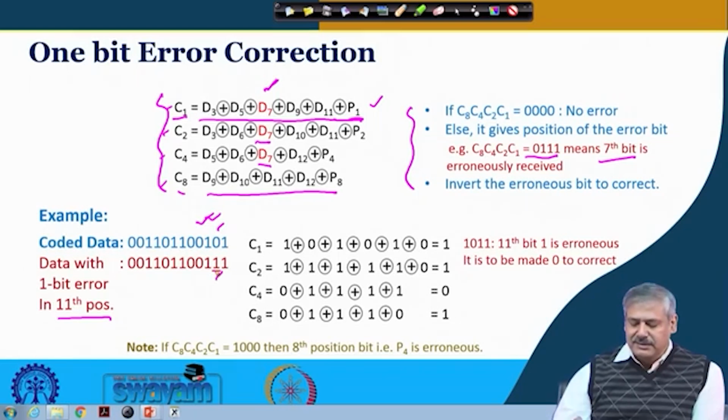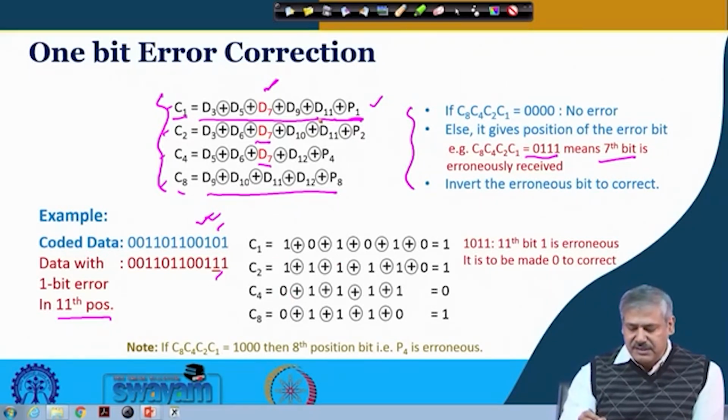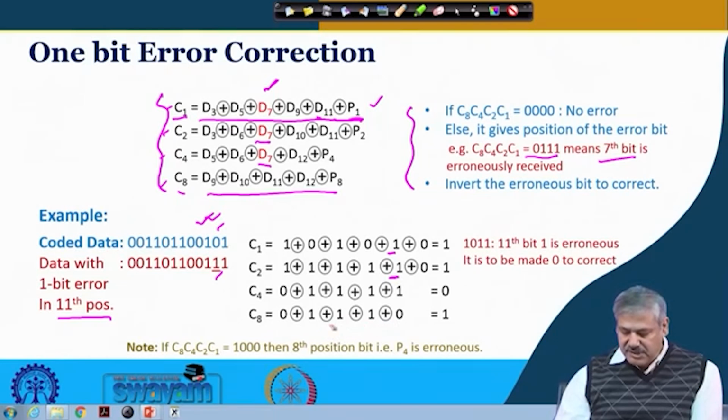So we shall then perform the XOR with the parity bit wherever D11 is present. D11 is present here, D11 is present here, okay, and D11 is present here. So these were the places which were 0 before in the generation process.